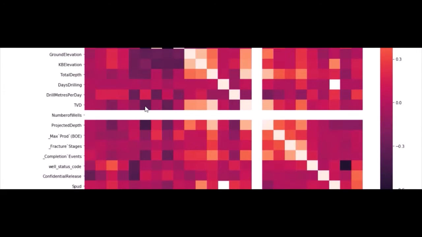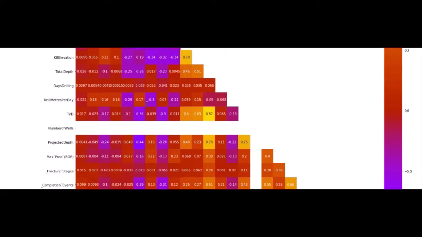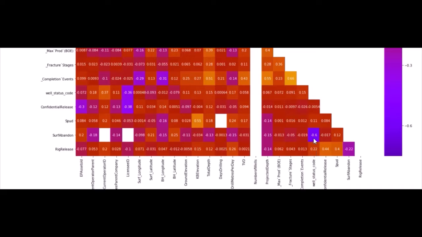and I used Pearson correlation to find the correlation between the predictors and the target, and it was obvious that the surface abandon date has a minus 0.6 correlation with the status code, and also the release date has 0.22, and another one was current operation ID, which has 0.37 correlation with the status code.